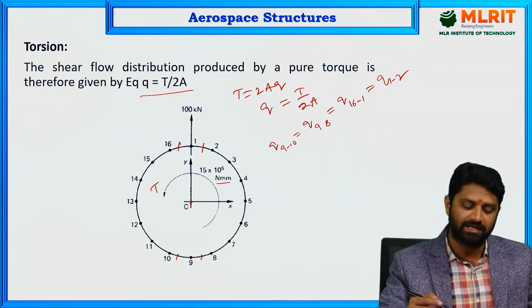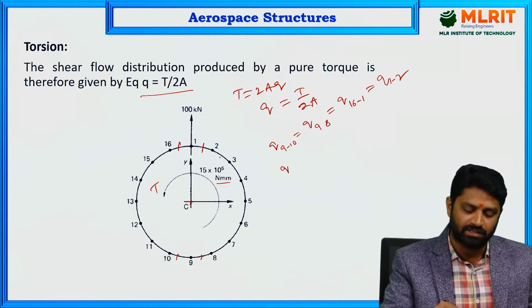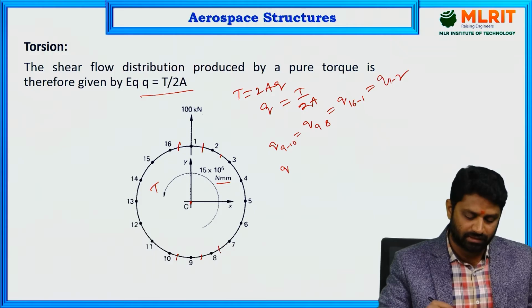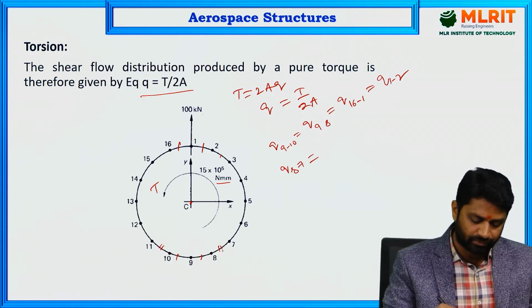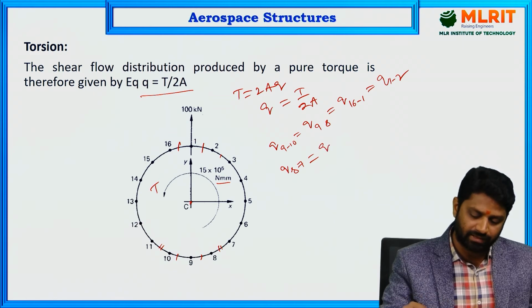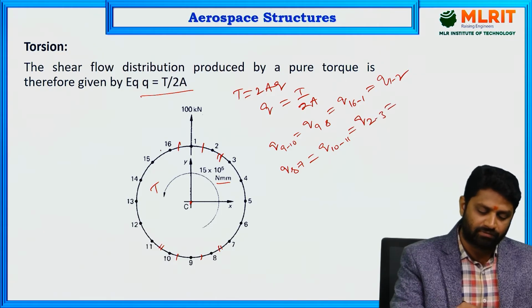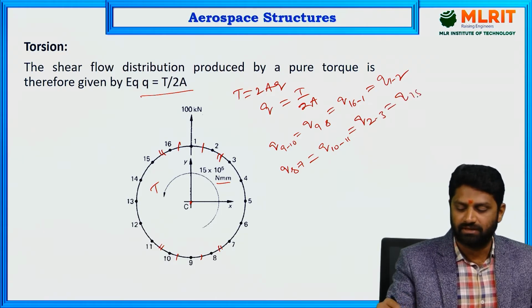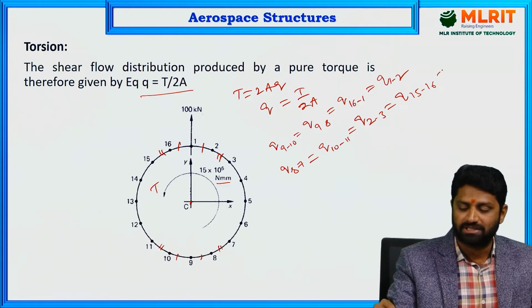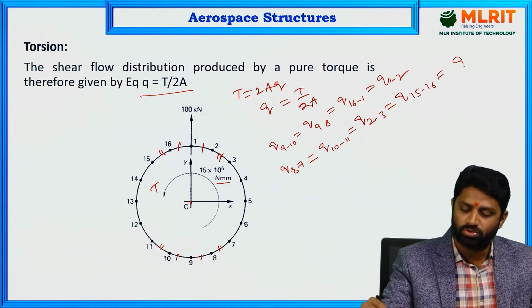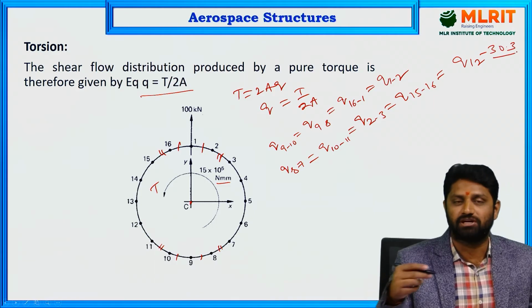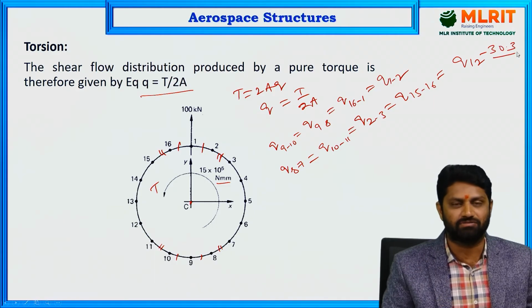The next condition, I am writing the shear flow in 8.7 equals the shear flow in 10.11 equals the shear flow in 2.3 equals the shear flow in 15.16, must be equal to this Q12 plus 30.3, the shear flow distribution we got from the previous one, QB.